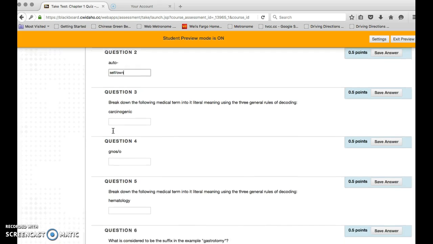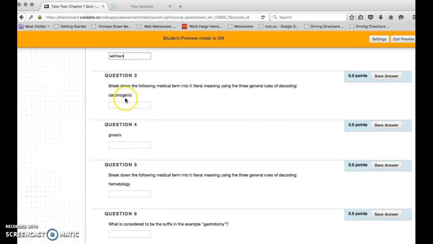Now, another problem that many of you had was on these questions where it says break down the following medical term into its, I'm sorry, there should be an S there, literal meaning using the three general rules of decoding. So if you look in your textbook, there were those three rules that we always use when we break a medical term down.